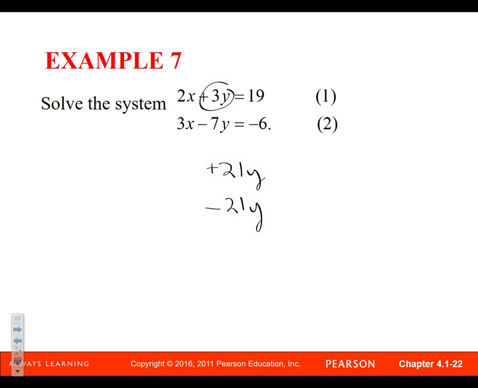Okay, so what do I need to do to this equation up here to make that happen? Multiply by 7, correct? So I'm going to do that. 7 times 2 is 14x, and that's going to equal a lot. Let's see here.